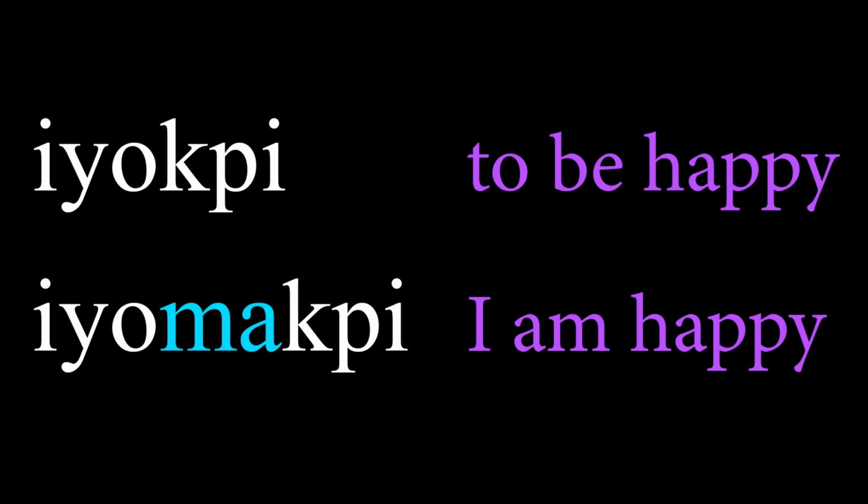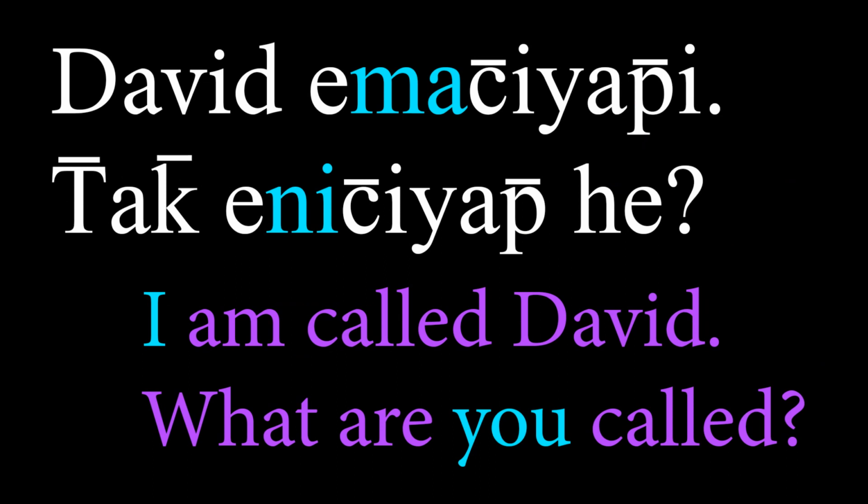So, I used this ma conjugation in the dialogues that we've done in the previous lessons. If you remember clear back in, I don't know, mini lesson 2 or 3 or something like that, when the two people were introducing themselves to each other, they were saying, David emachiapi, daginichiapi he. If you remember that. If you've been listening to all these Lakota language mini lesson videos, then hopefully you will.